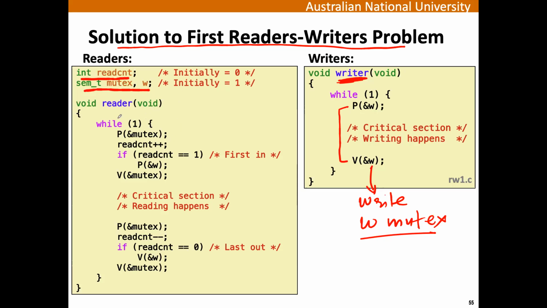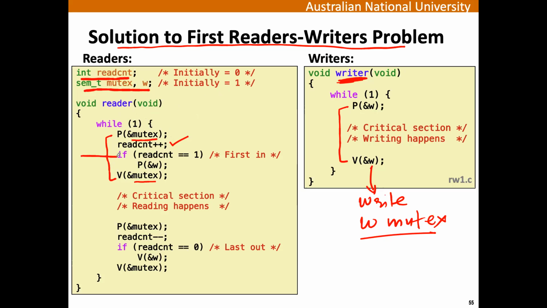On the other hand, the readers use the other mutex, called mutex, to protect this critical section with respect to read count. So readers grab the mutex, increment read count, and the first reader, remember, we are favoring the readers in this implementation. This is a solution to the first problem.